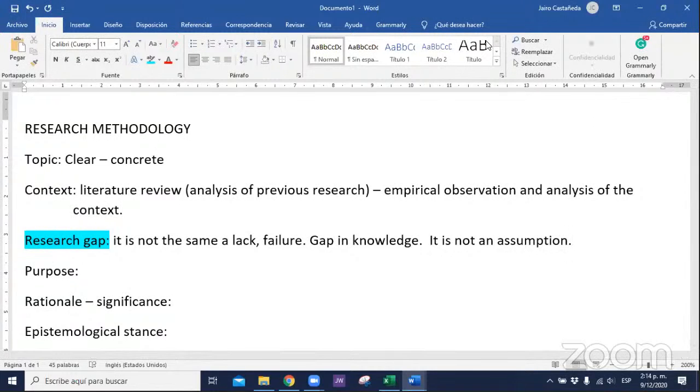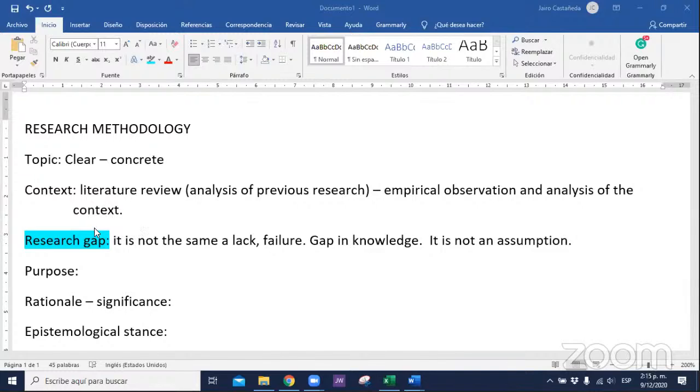If I think, or I believe, or I have seen, I have been told, those kinds of expressions let us know that what you are stating is an assumption. What you are going to do here is establish a real gap based on the literature, or on empirical observation, or on data gathered from the context previously.